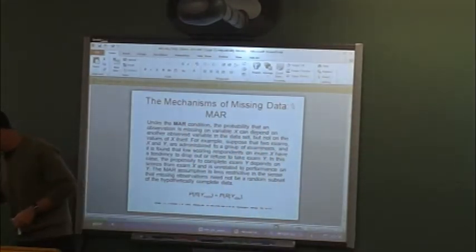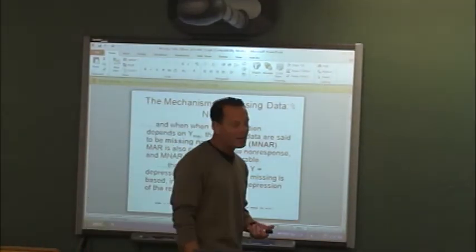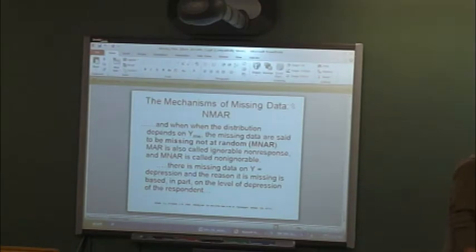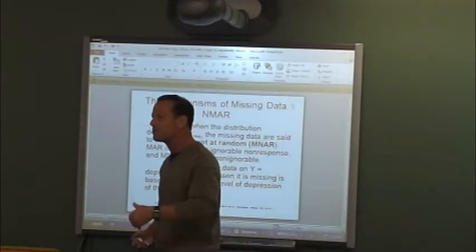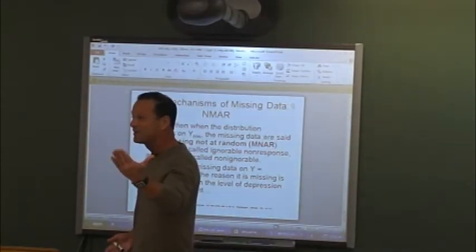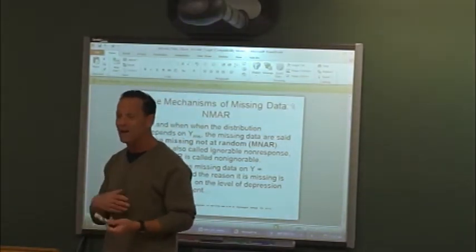And you are almost out of luck when this happens. Not completely, but guess why? I'm sorry, what's your name one more time, please? Layla? L-E-I-L-A? Layla doesn't answer her depression inventory because she's depressed. Missing data depends on why. You're out of luck.